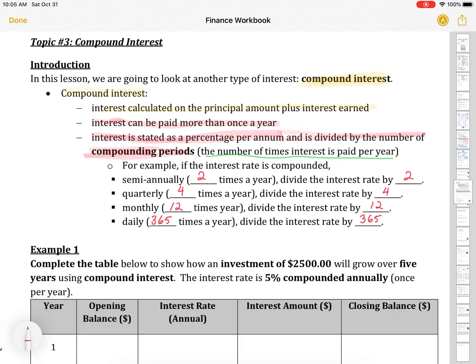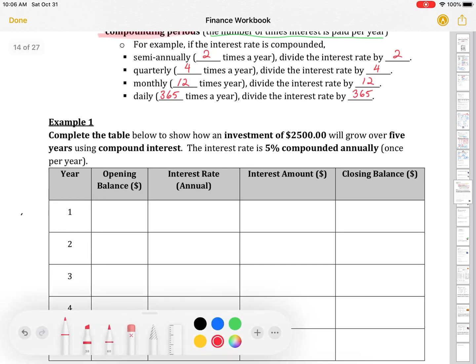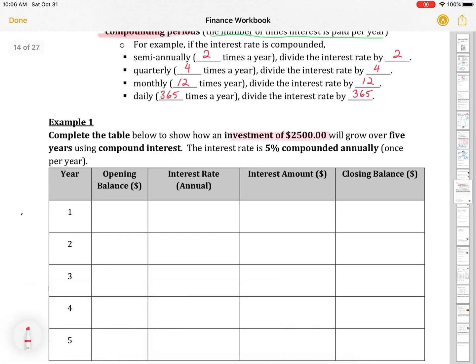Okay, so we're going to start with a simple one, just an annual so we don't have to change the interest. We don't have to divide. So let's look. This is similar to the one we did for simple interest, but now we're doing it with compounding. We have an investment of $2,500, and it's going to grow over 5 years using compound interest.